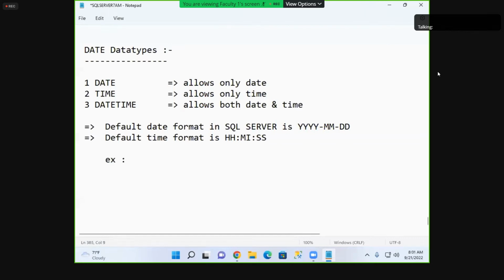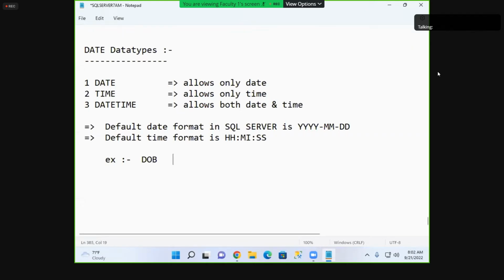For example, in a database I want to store a person's date of birth, say an employee's date of birth. What is important for me? Only the date is important.